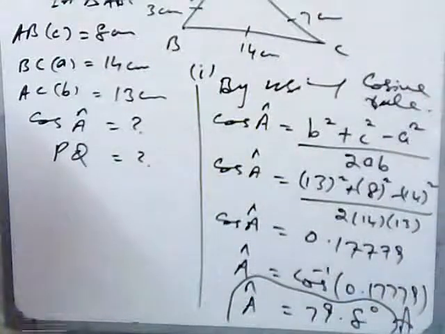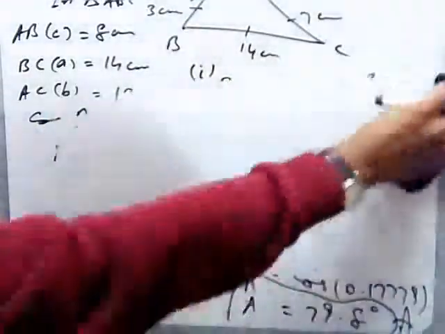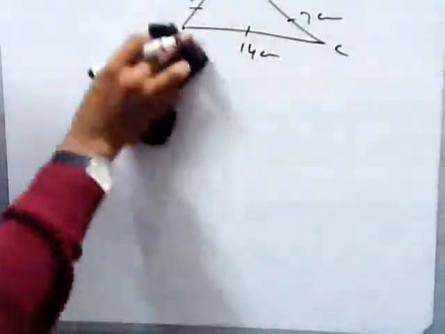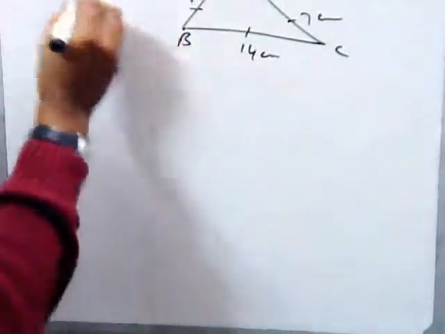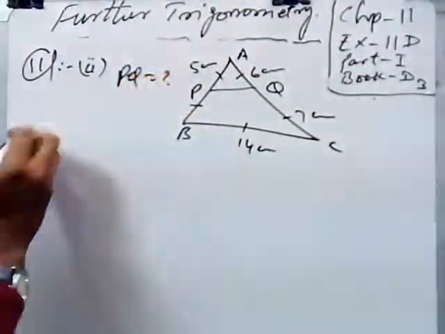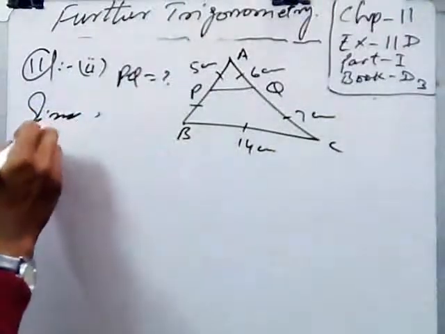Now we have to find PQ, again using the cosine rule. Now in the second part, we have to find PQ.